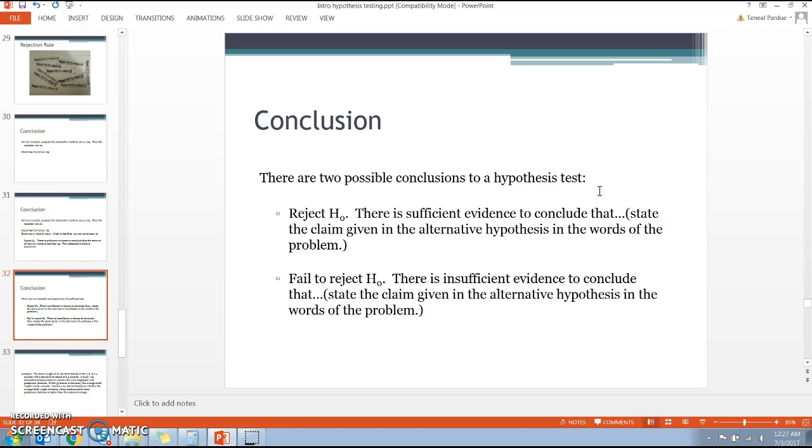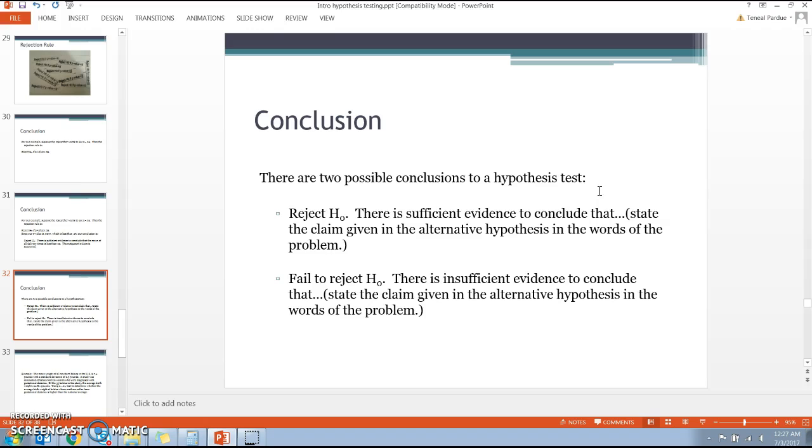Talking about conclusions in general, for every hypothesis test there are two possible conclusions. The one we found was the first one. Reject H0, there is sufficient evidence to conclude that, and we'd fill in with what the alternative hypothesis says.